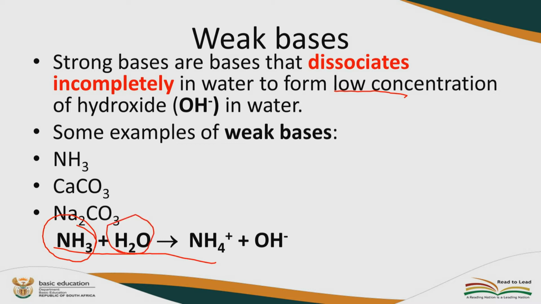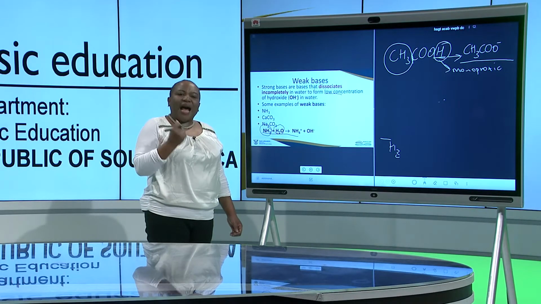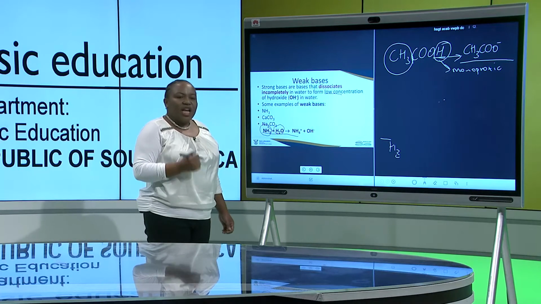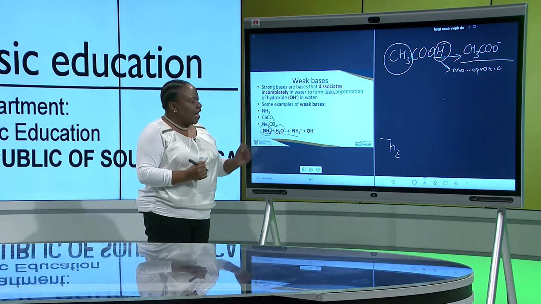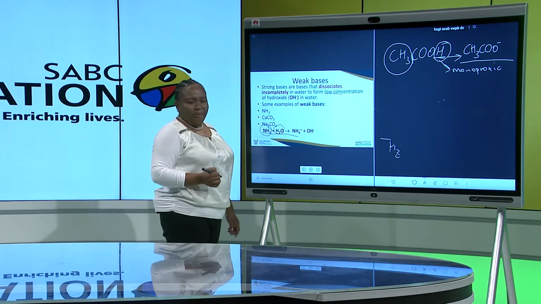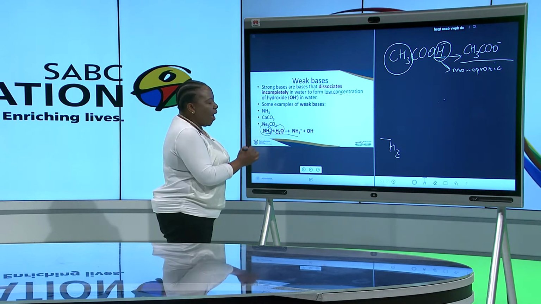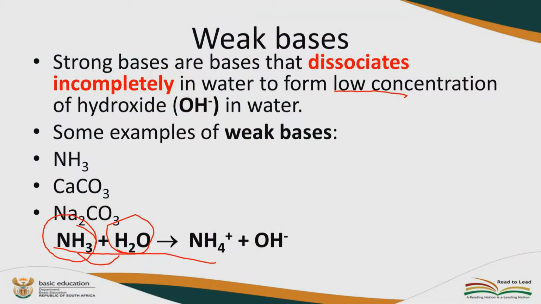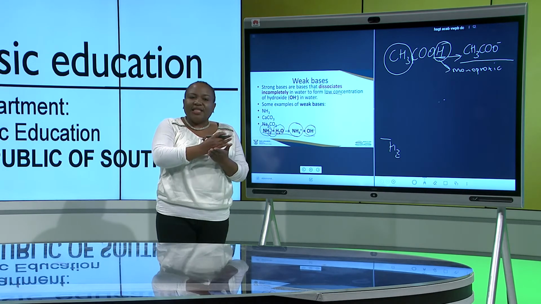Because ammonia is a proton acceptor, it will not be able to donate a proton when it reacts with water. However, water will be the one that donates a proton to ammonia. And as it donates a proton to ammonia, ammonia will become an ammonium ion and a hydroxide ion will be released. And this hydroxide ion is an indication to show that ammonia is a base.